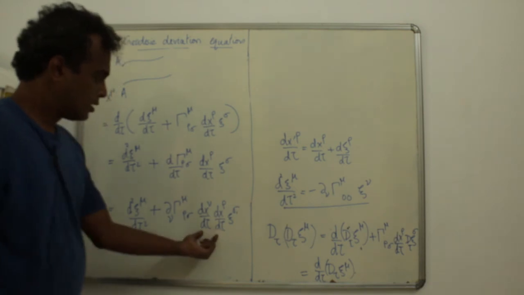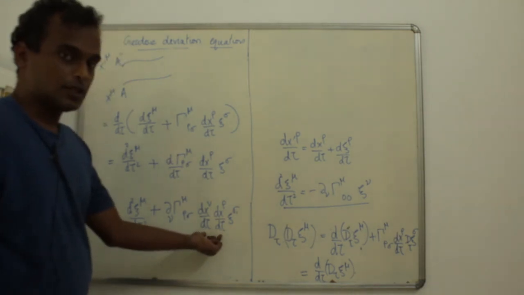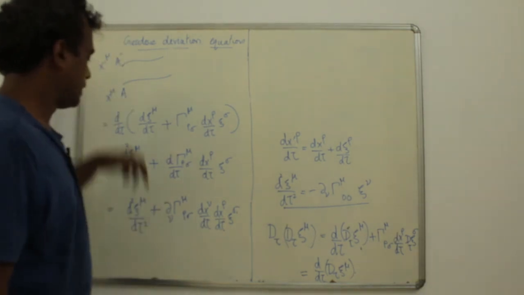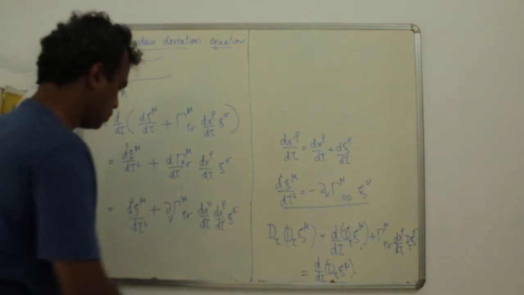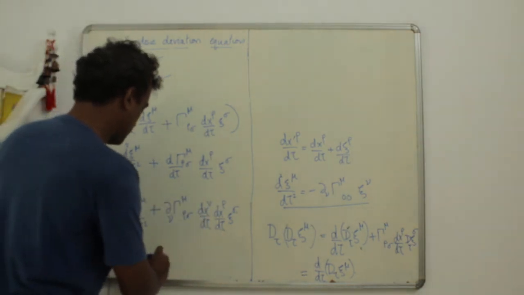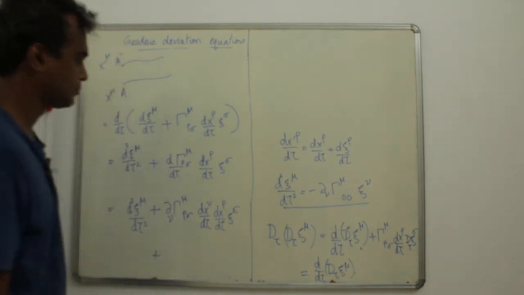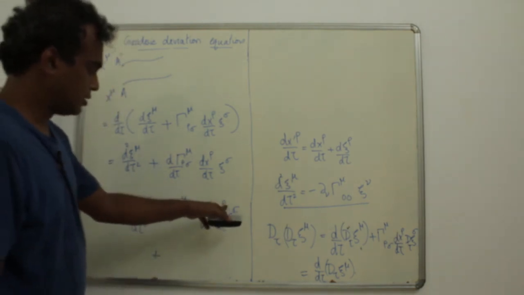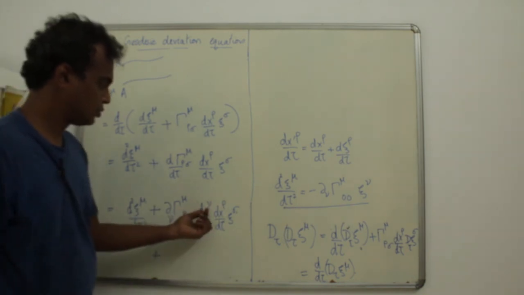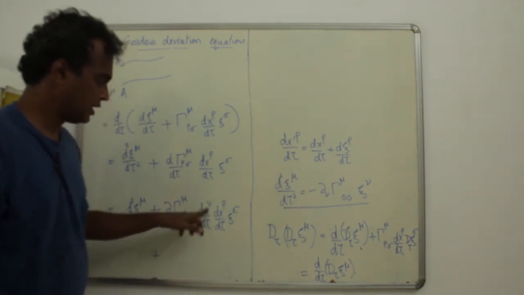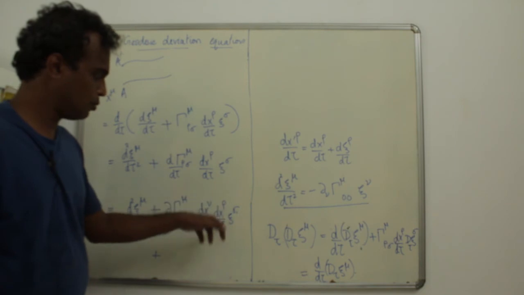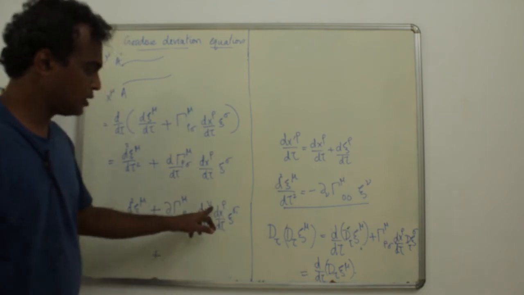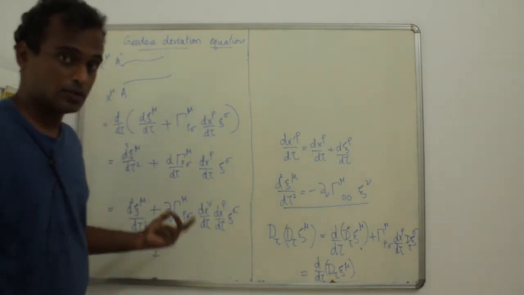Now since these velocity factors are also evaluated at point A, we know that they both must be equal to Kronecker deltas. So both nu and rho in this expression, the dx nu by d tau as well as dx rho by d tau, will be non-zero when nu and rho are 0 each.